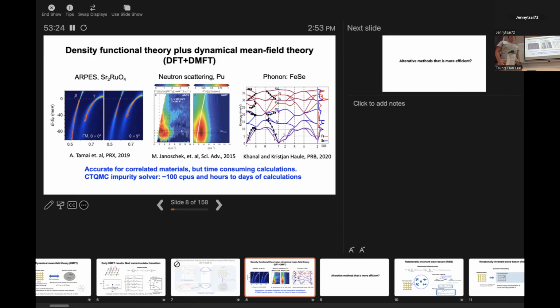More questions? Yeah, I have a follow-up question to Stefan's comments. In the examples that you showed, are they all charge properties, like metal to insulator transition? Yes. Any spin degrees of freedom?